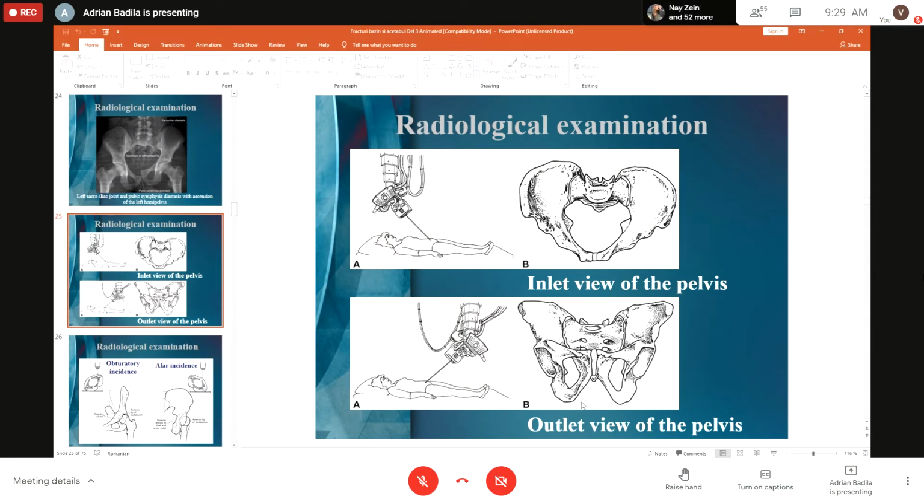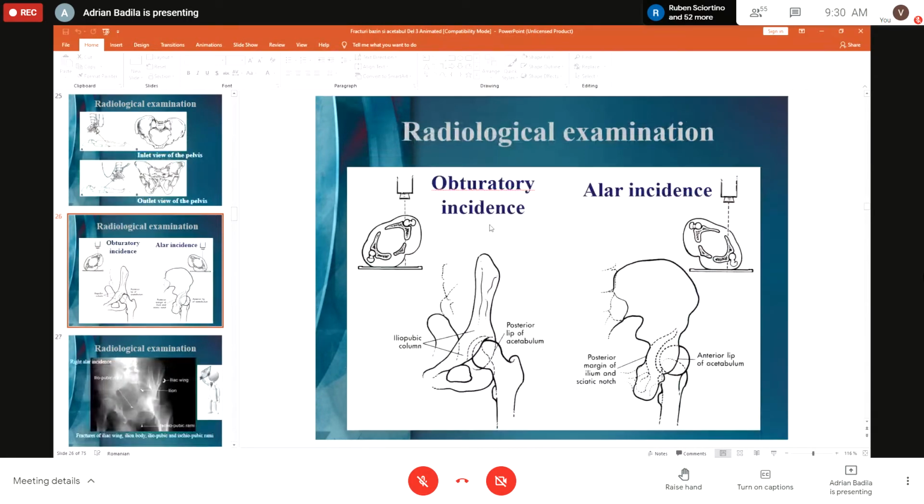In this incidence, we can see very well the foramen obturatum, the pubic symphysis, the iliopubic rami, and the ischiopubic rami. So the first incidence is for the pelvic ring. This second incidence is for the foramen obturatum and the ischio and iliopubic rami.